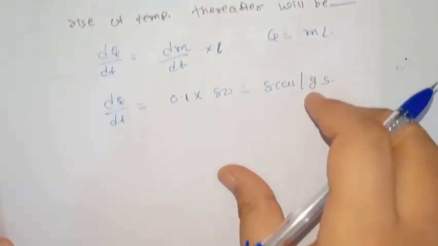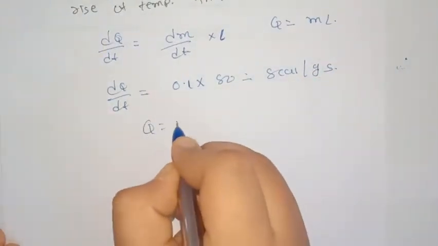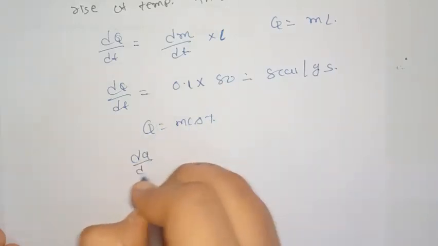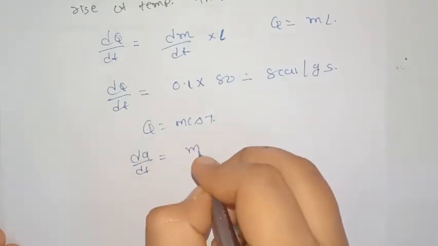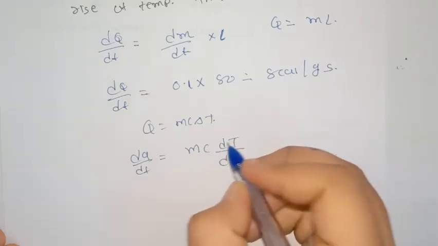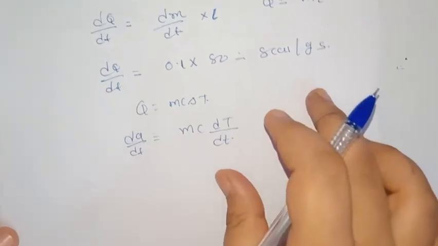Now q is equal to mc delta t. So dq by dt is equal to mc dt by dt. This is the rate of change of temperature.